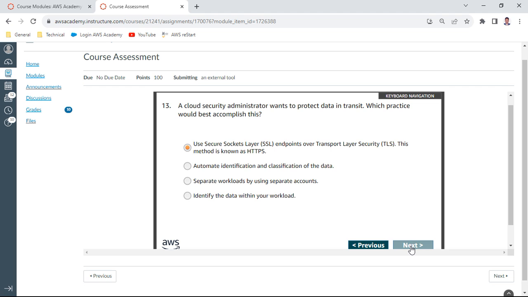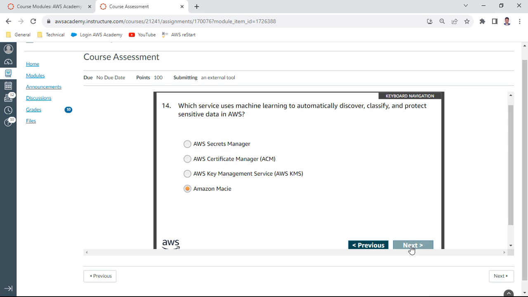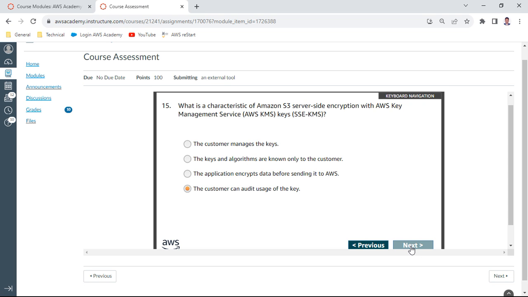This method is known as HTTPS. 14th: which service uses machine learning to automatically discover, classify and protect sensitive data in AWS? That is Amazon Macie. 15th one: what is the characteristic of Amazon S3 server-side encryption with AWS Key Management Service keys? SSE-KMS: the customer can audit usage of the key.